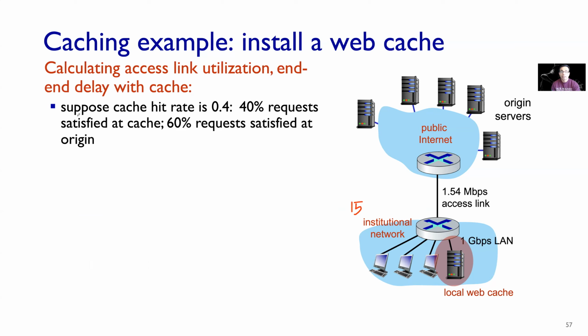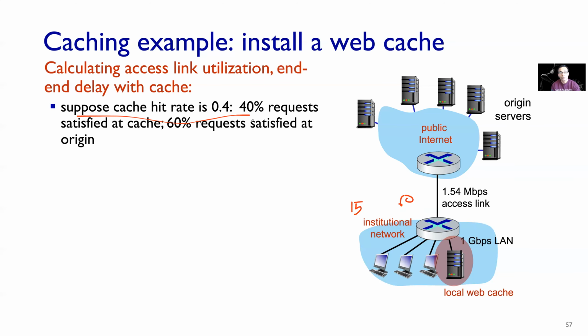So in this example, let's just for the sake of argument say the cache hit rate is 40%, which means 40% of those requests can be found locally and they can be serviced locally, which means only 60% of the requests need to be fetched from the origin servers. The other 40% can be serviced locally, right?